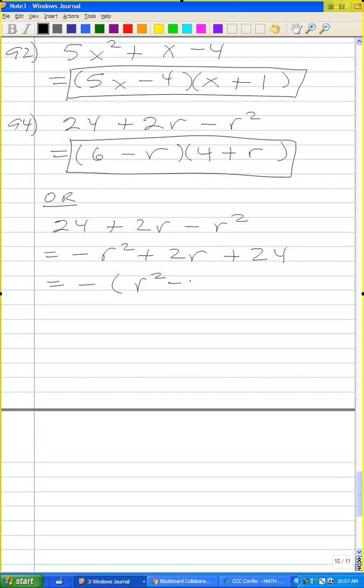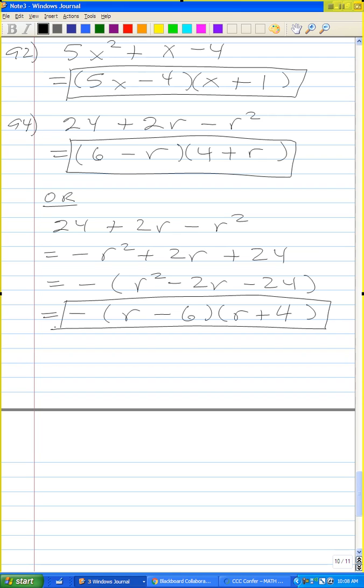So negative r squared minus 2r minus 24. But then in that case, this is a monic quadratic. So bring down the minus, times minus is plus. You want two whole numbers whose product is 24 and whose difference is 2. 6 and 4, and you put the larger factor first. Note that these are the same if you would just multiply the negative inside. That becomes negative r, minus become a plus 6. And then you still have the 4 plus r.